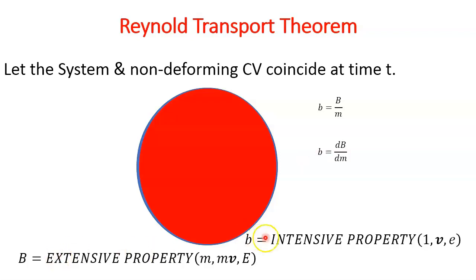That is, intensive property is extensive property per unit mass. So mass per unit mass will be unity. Similarly, momentum per unit mass will be simply velocity, and energy per unit mass we shall call specific energy, represented by small e.